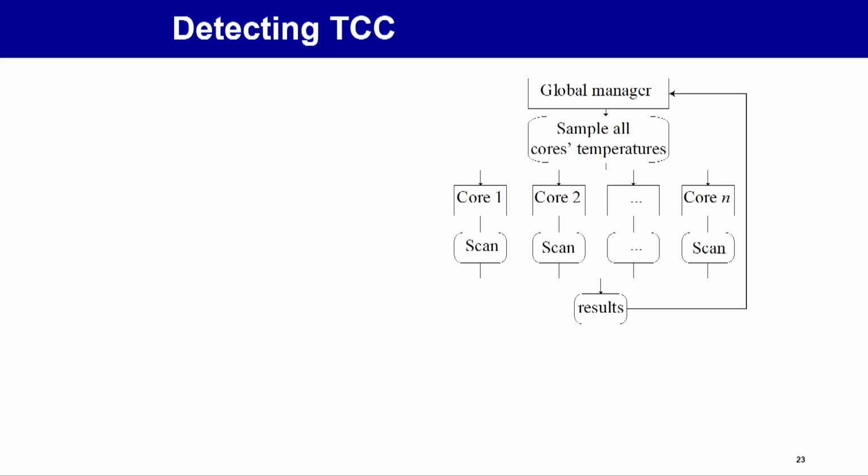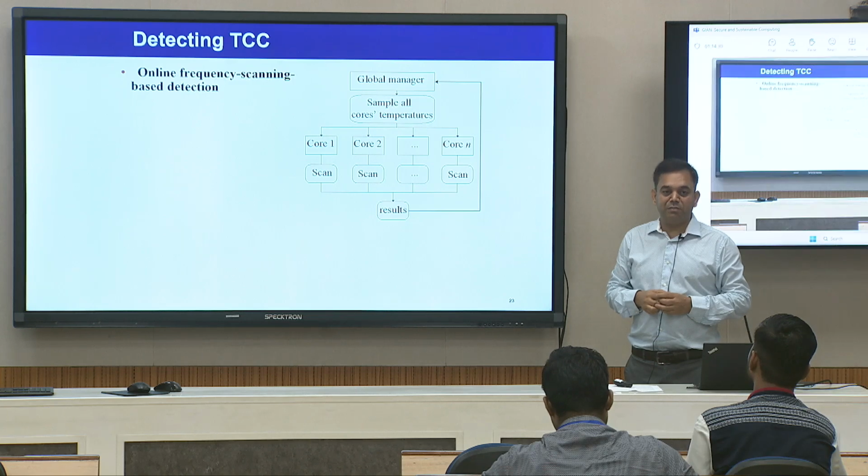So for all those temperature values over time on the x-axis for each core, you can do some kind of scanning, and this one is actually called online frequency scanning. So that temperature you convert into the frequency domain, and when you convert into the frequency domain, you will find there is a spike at a certain frequency, because that's the frequency at which the temperature is being transmitted.